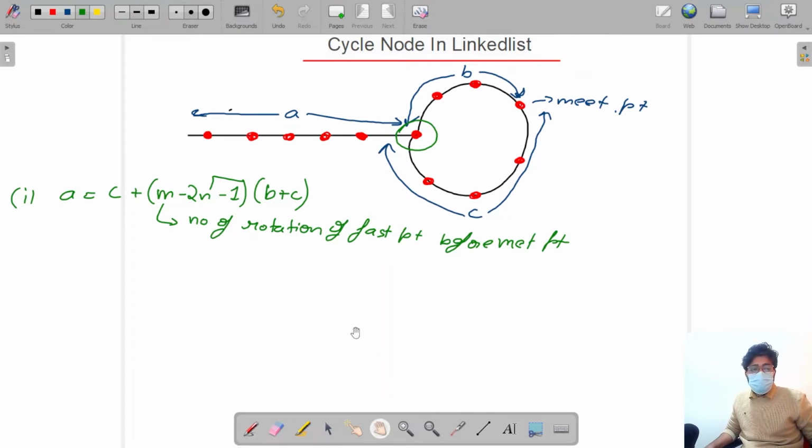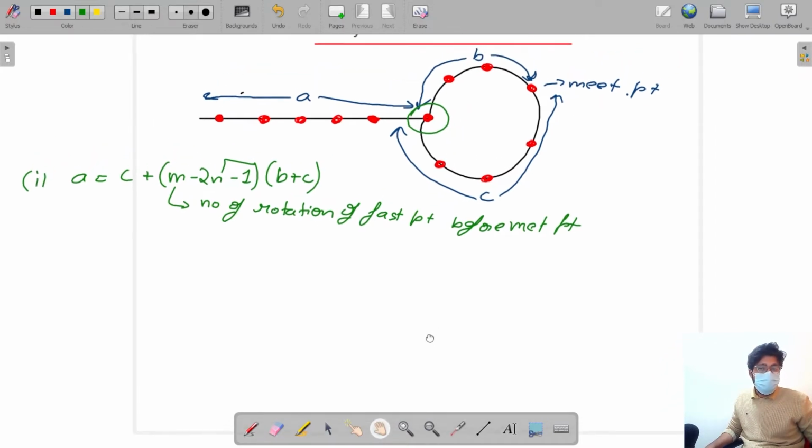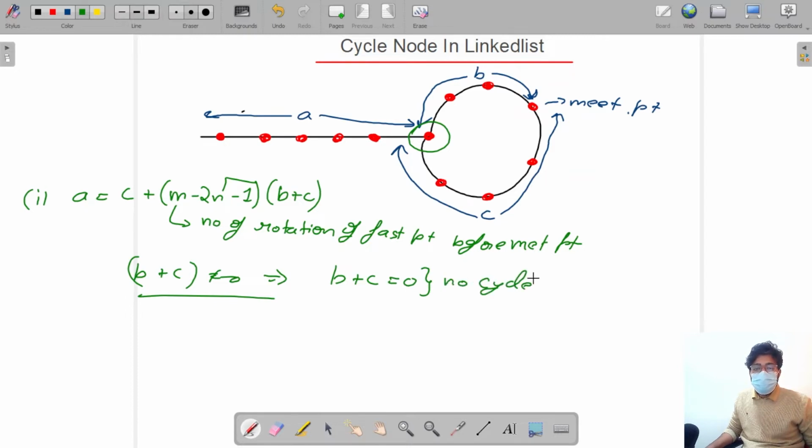Now understand some more things. Can we say that B and C can never be 0? We can say that B plus C cannot be 0, because if B and C are 0, the length of B and C is 0. It means if B plus C is equal to 0, no cycle is present. Simple.